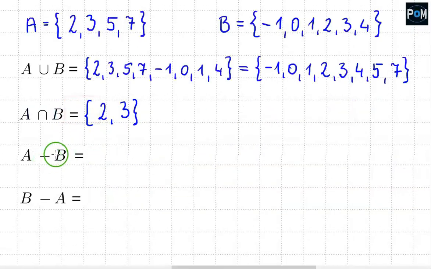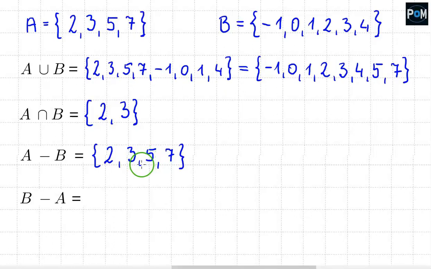And finally, the differences. First, A subtract B. Here we act like this. Order is important. The first set, we take first. That's for beginners. Later on, when you get the hang of it, you won't need to write it down like this, but at the start, it's worth doing. We listed set A, and from this set A, we must subtract, that is discard, everything that was in set B. So let's go through it one by one.